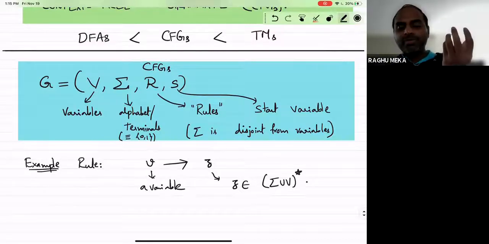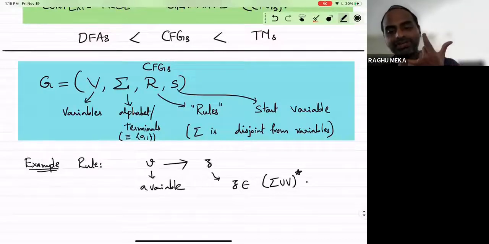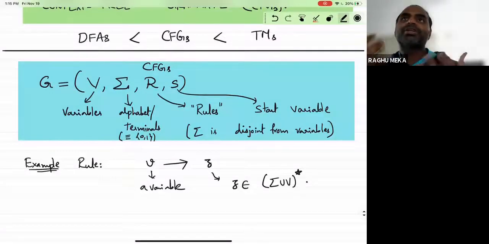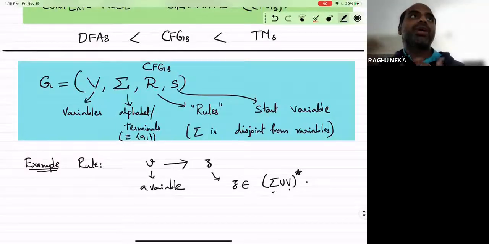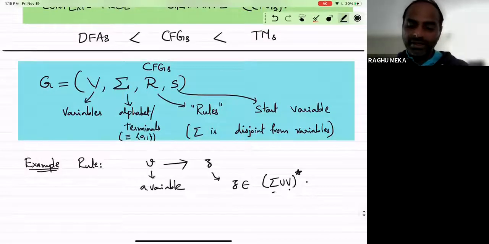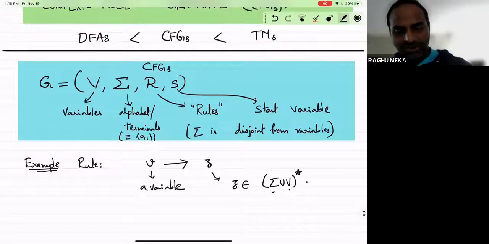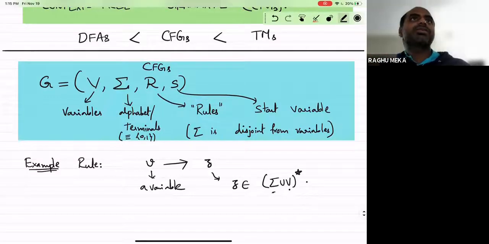So given a variable, a rule allows me to substitute this variable with any other string. It depends on what rules I specify, but the string can contain either terminals or new variables again. Okay. And you have variables, terminals, a collection of rules, and a start symbol.